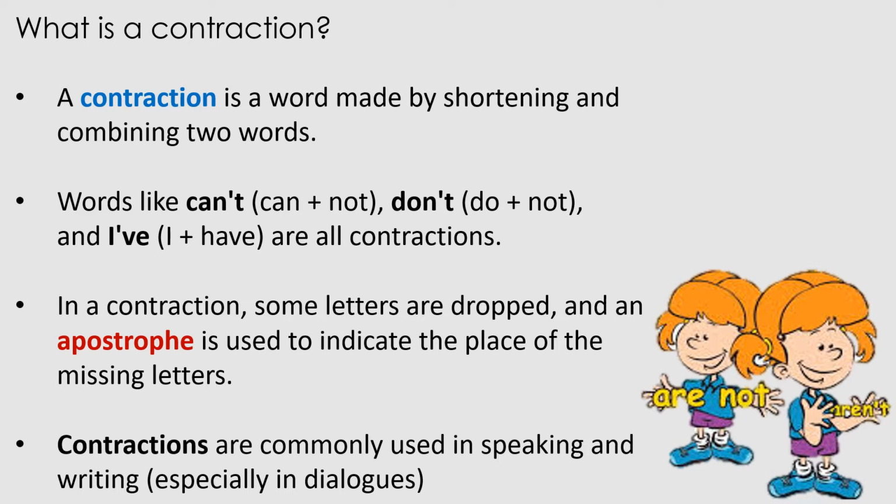Contractions are commonly used in speaking and writing, especially in dialogues. One clue to remember what's a contraction is in its name itself. Contract means to shorten, and that is what we do when we form contractions.